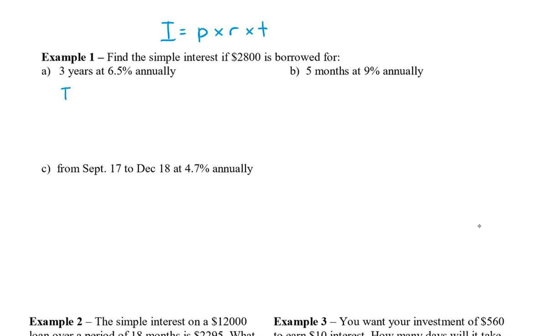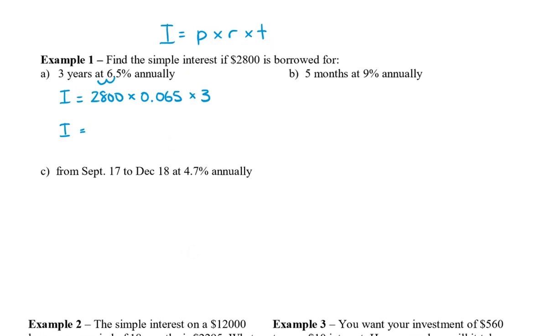Okay, so I'm going to say that I is equal to our principal, which is $2,800, times our rate of interest. And remember, we moved this over 2 decimal places. So this will be 0.065 times our time, which is 3. So we just have to type all of this into our calculator. And we get $546. So nice simple one.